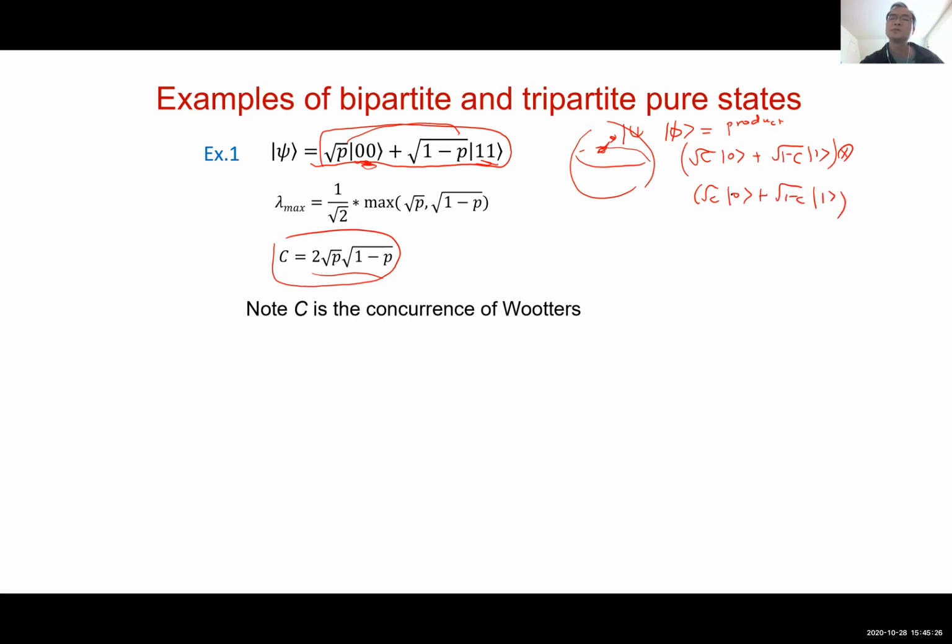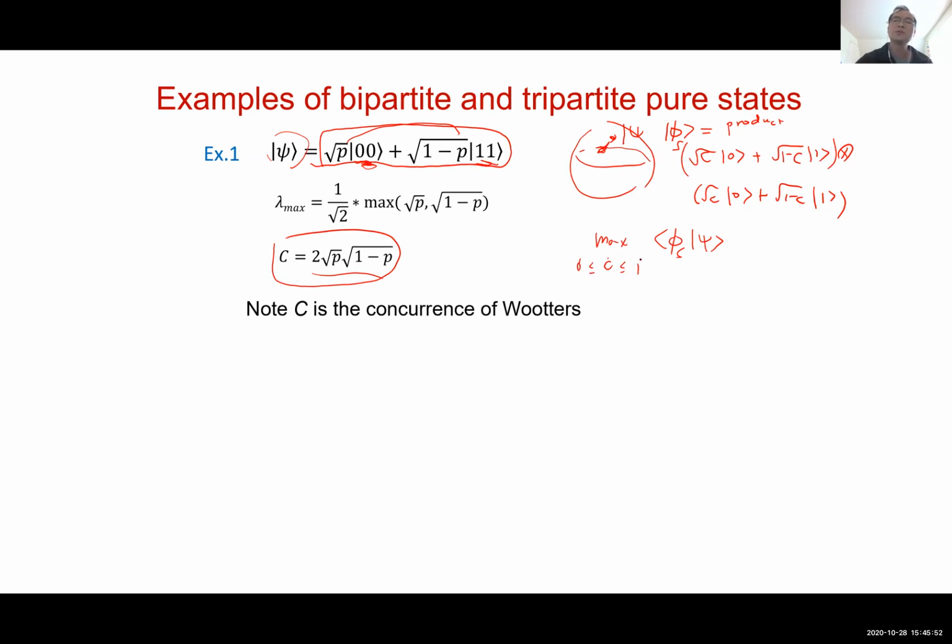This can be proved when the original state is permutation symmetric. So I'm going to have a product state, and I want to maximize this over the parameter c. c is from 0 to 1.